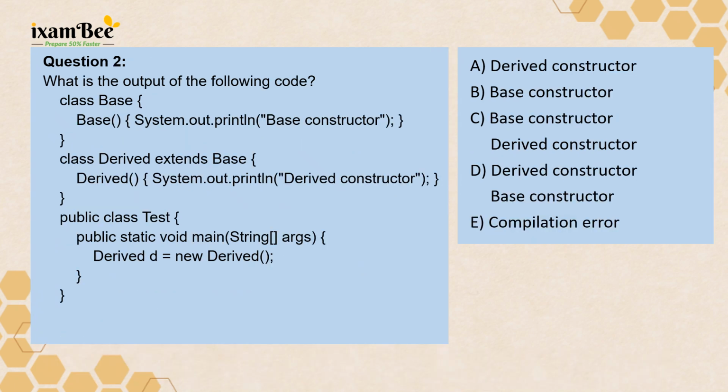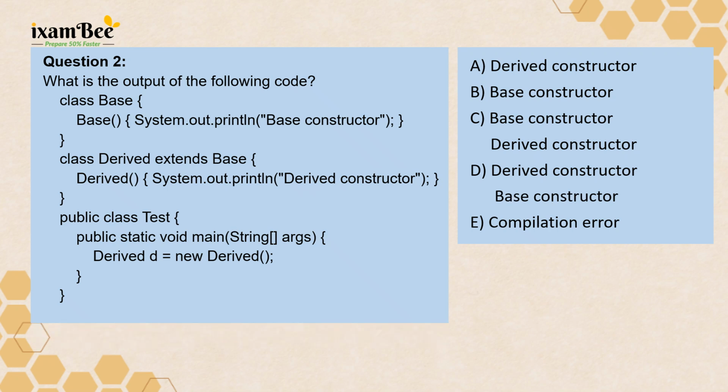Let us now look into this question where we have a class base with a base constructor and class derived extends base. We have the derived constructor also defined. In the main function, we are creating an object of the derived class and then we are supposed to find what the output of the code is.